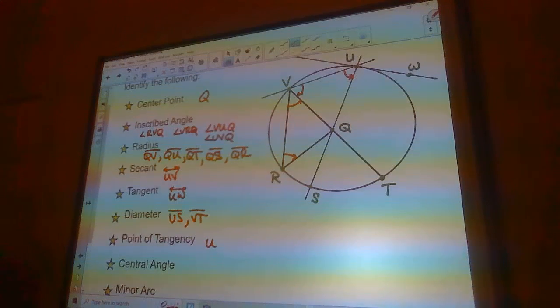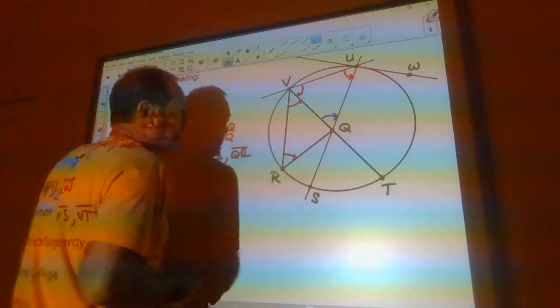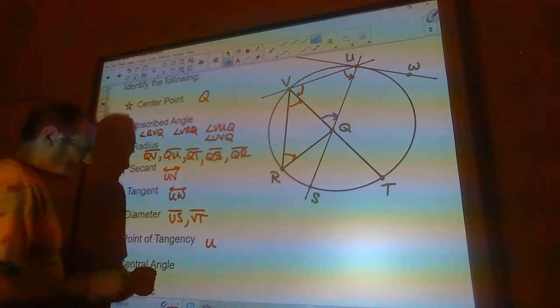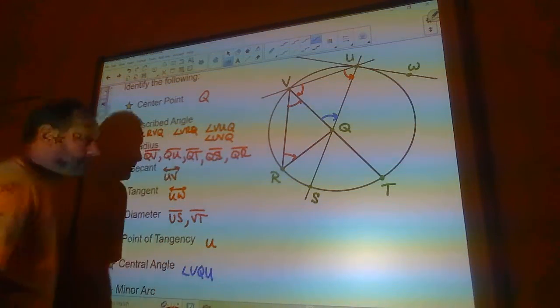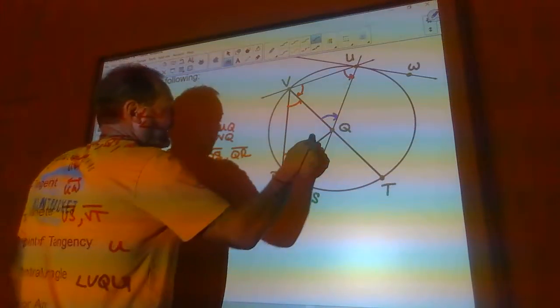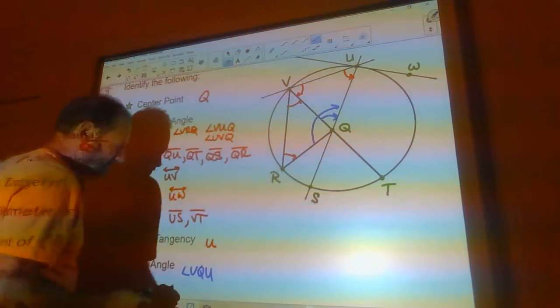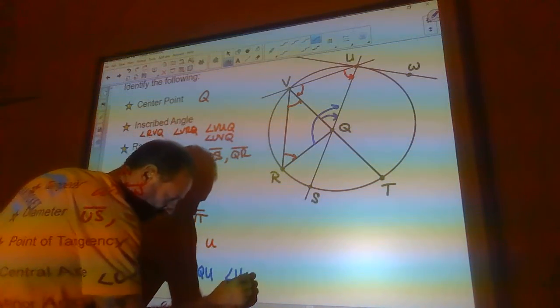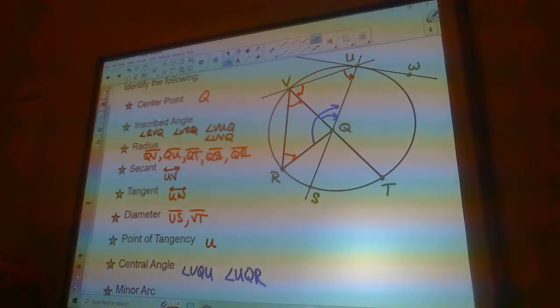A central angle. Okay, there's a whole bunch of central angles on here, and I'm not going to write them all down. But these are central angles in here, so I'd call this one VQU. I could have had this angle right here. That'd be angle UQR. There's about 10 more of them. Well, there's not that many, but there's a bunch.